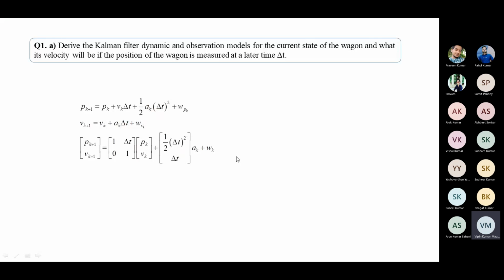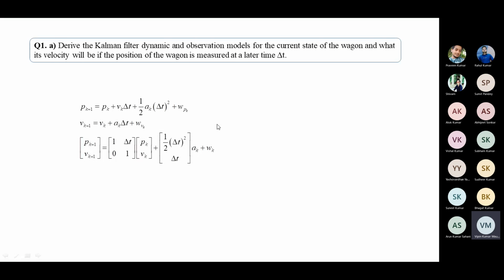These are very simple basic equations, and we are writing them in matrix form. In the state vector I have put the position and velocity, because in the question we have to provide the position and velocity. Is this equation clear to everyone? Alok, Praveen, Sumit. Yes, sir. My side clear, sir.